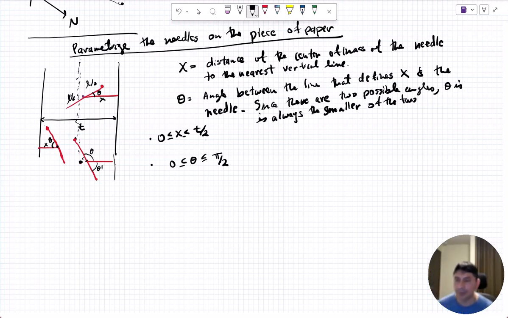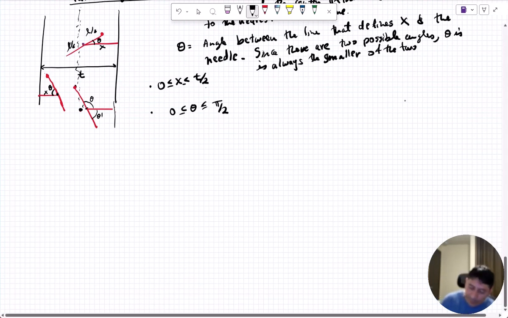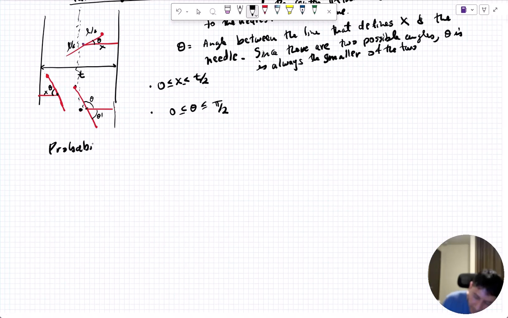So once we make that argument, we can calculate the probability density function of x and theta.